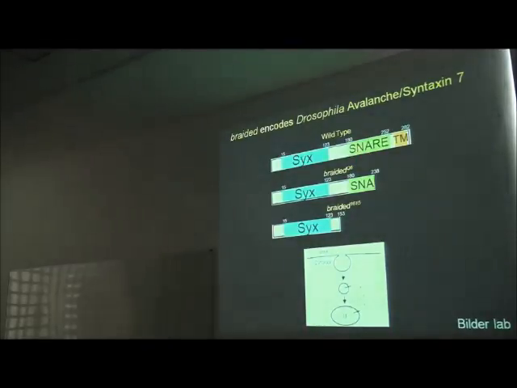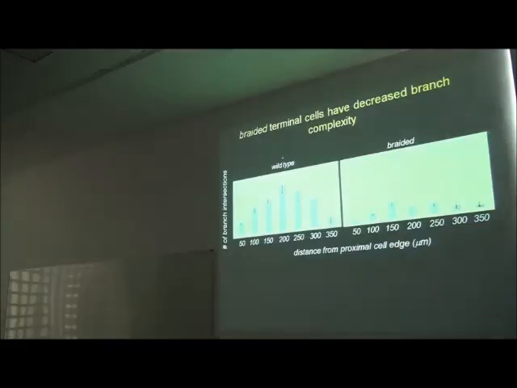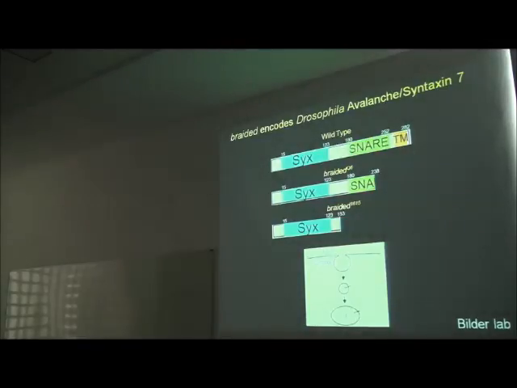So the gene affected is Drosophila syntaxin 7. We had two mutant alleles, Q6 and 1615, that were nonsense mutations, so they're truncating the protein and are most likely functionally null mutations.